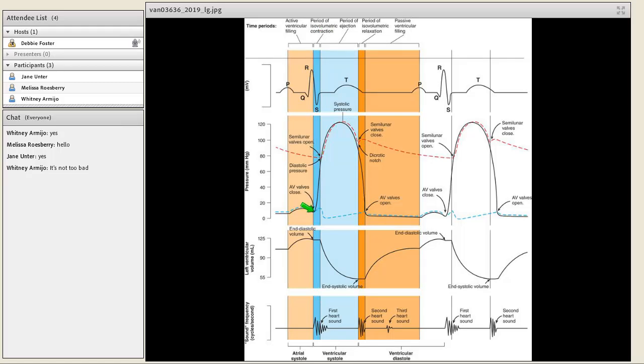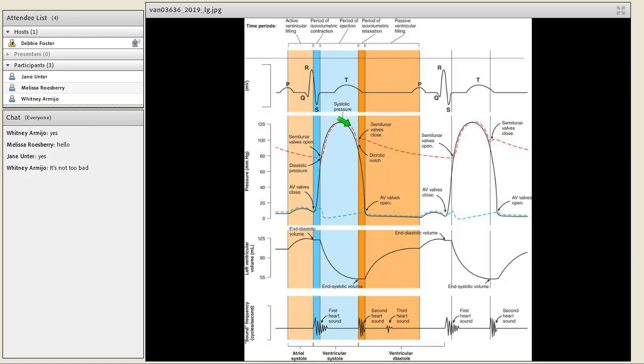We see that here. We see this big increase of pressure, so much so that the pressure exceeds what the valves can hold on to, so the valves are forced open, and the blood's ejected. And as the blood's ejected, you're having that main force of contraction. That's why this ventricular pressure still increases even though blood is leaving, because it's in that contraction phase.